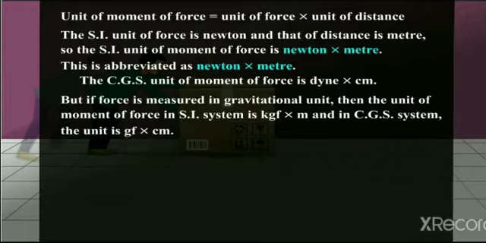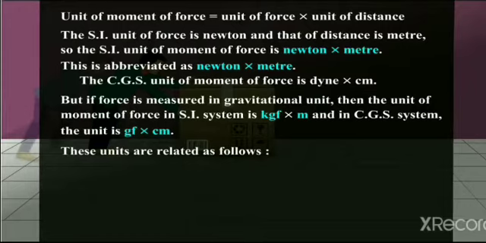But if force is measured in gravitational unit, then the unit of moment of force in SI system is kgf into m, and in CGS system, the unit is gf into cm.